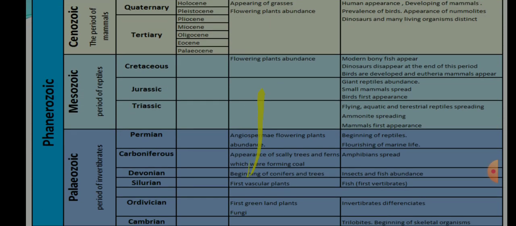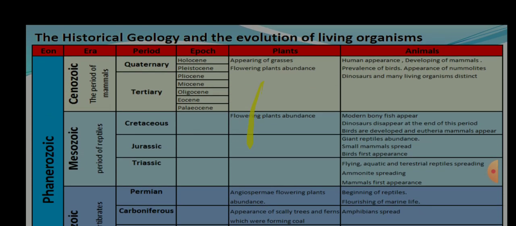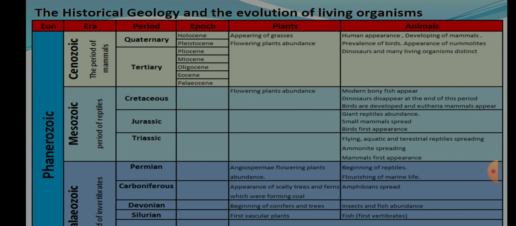The second era is Mesozoic. Mesozoic includes three periods: Triassic, Jurassic, Cretaceous, and this era, Mesozoic, is known as the period of reptiles.